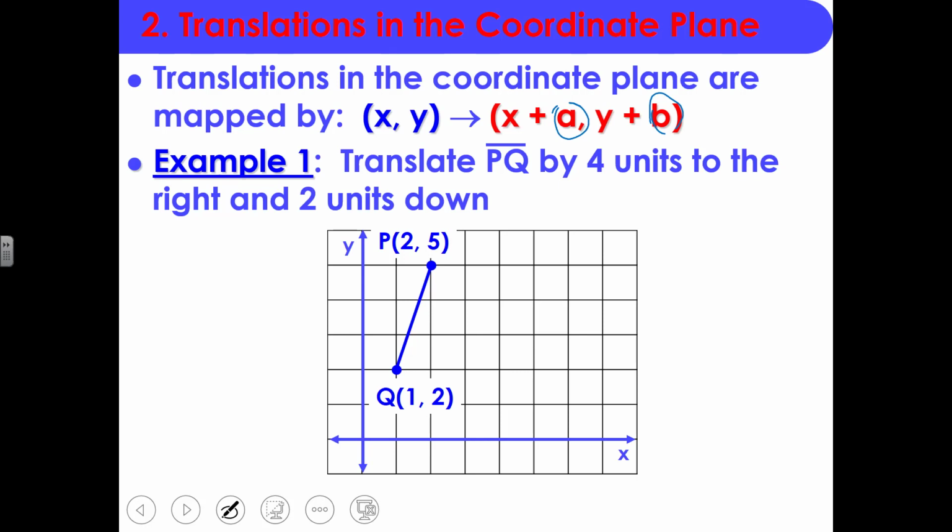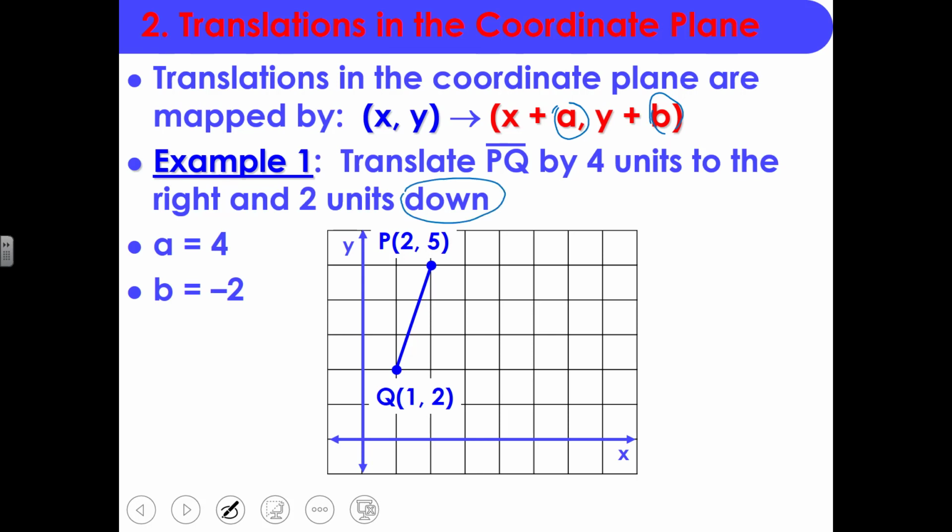For example, if we have this line segment PQ, and if we translate line segment PQ by 4 units to the right, that means a is equal to 4. And if we move that point down by 2 units, then it means b is equal to -2. So b is a negative number because we want to move the pre-image down.